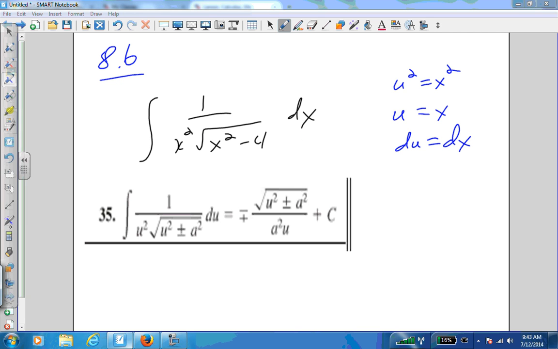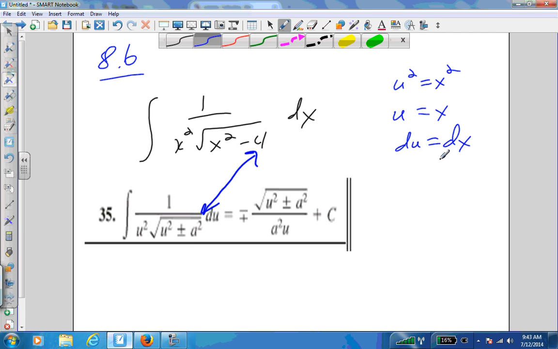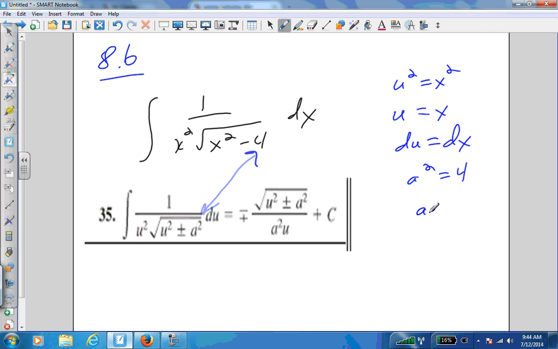Our 4 is the a squared, which of course makes a 2. So yes, this does seem to work, because notice this is du. We have a 1 on top. This is u squared. This is the square root of u squared minus a squared.